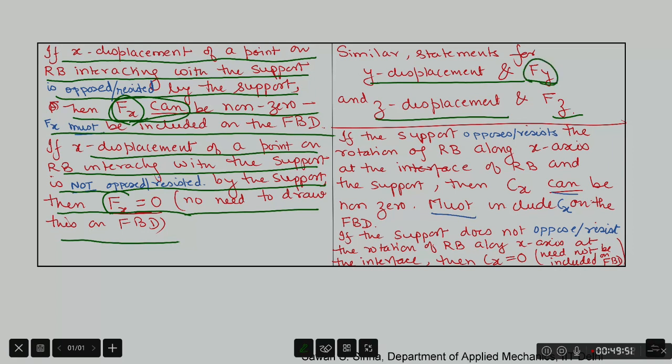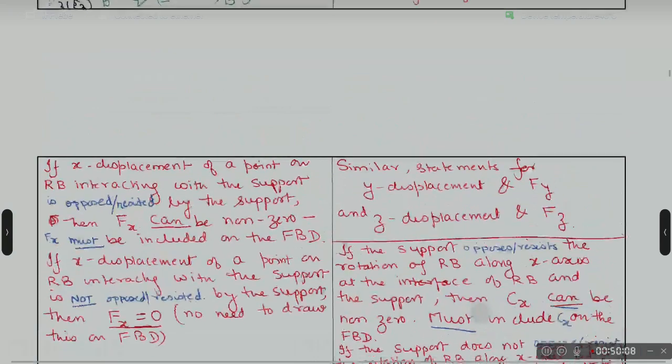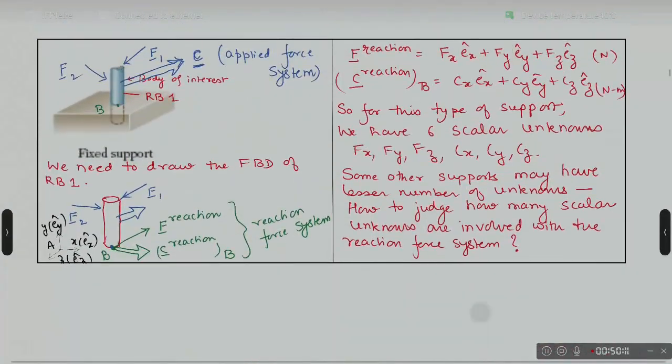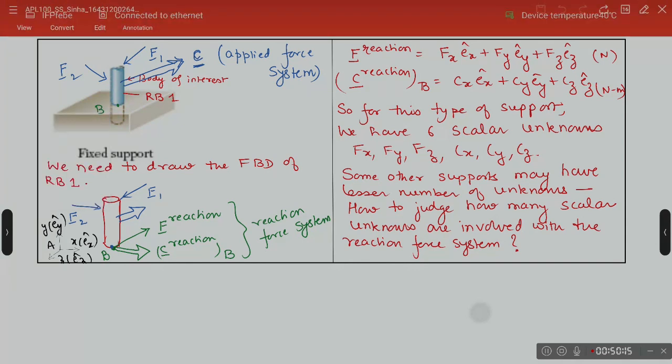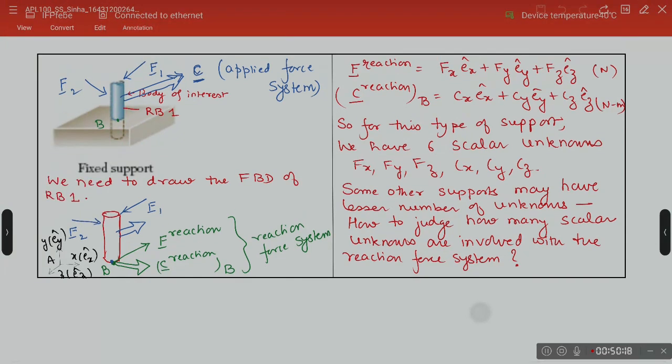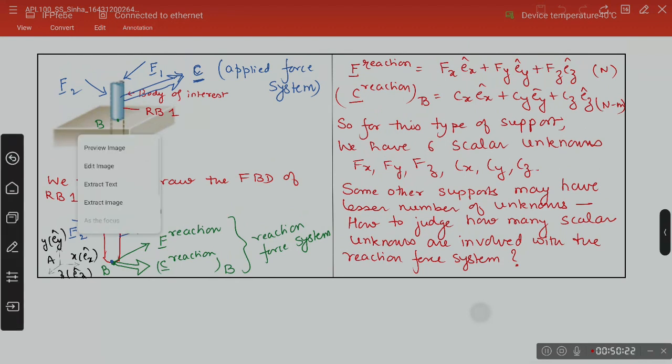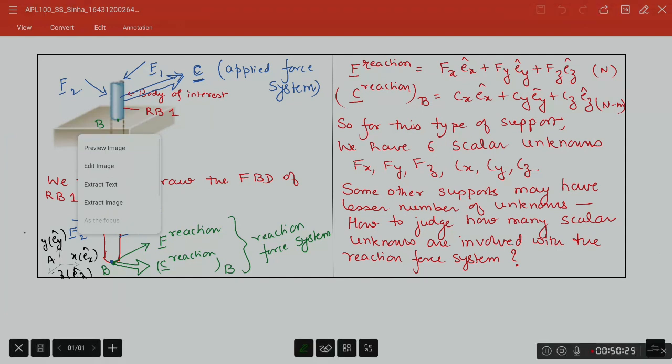Let's go back to fixed support. What is called a fixed support? If you go and ask the designer of the support, if I try to push... so there should be a conversation between you, who has to draw the free body diagram, and the designer of the support.